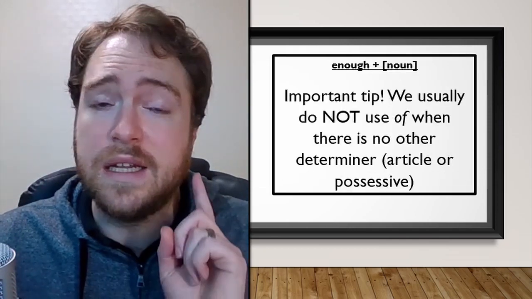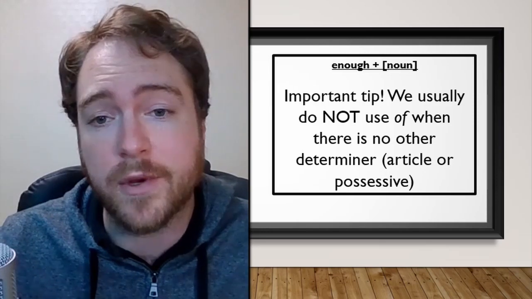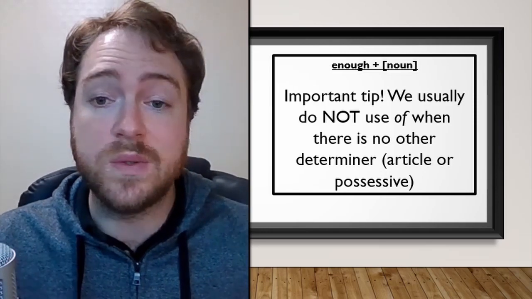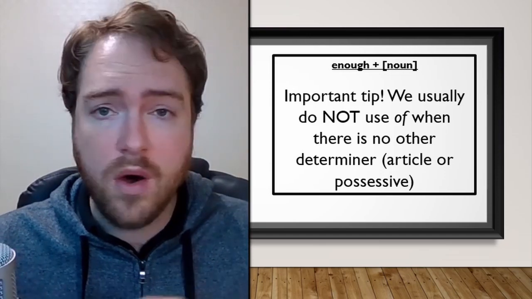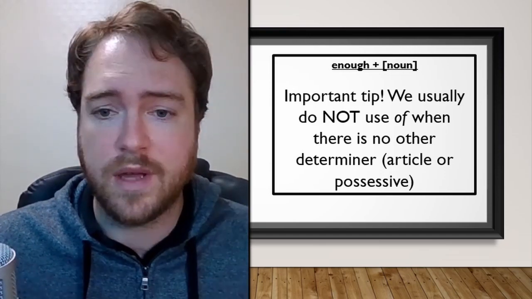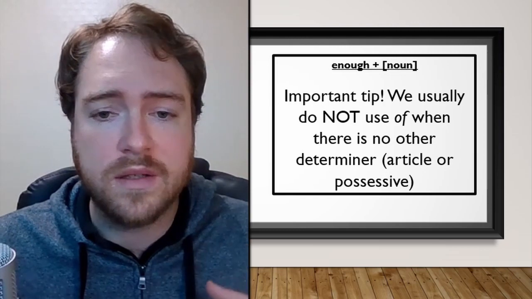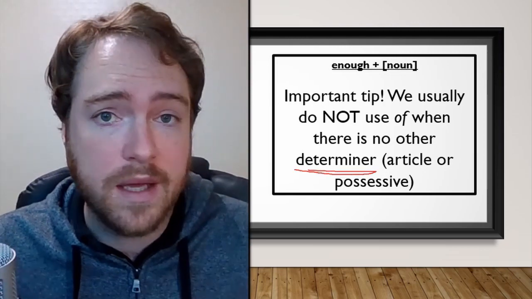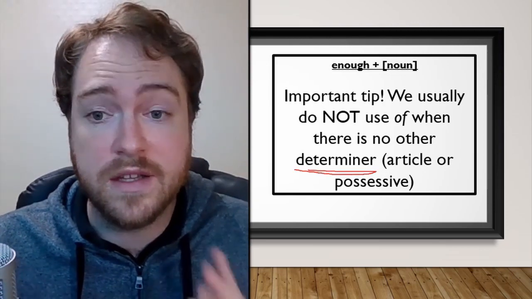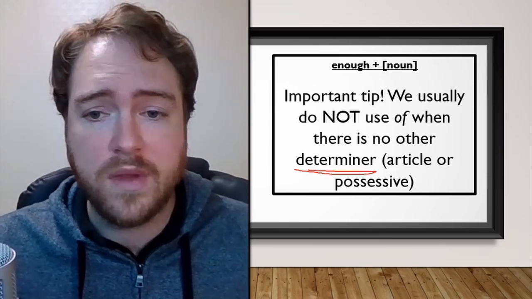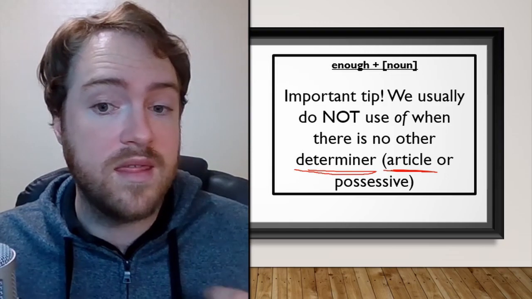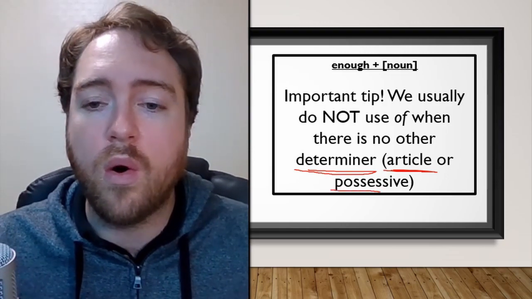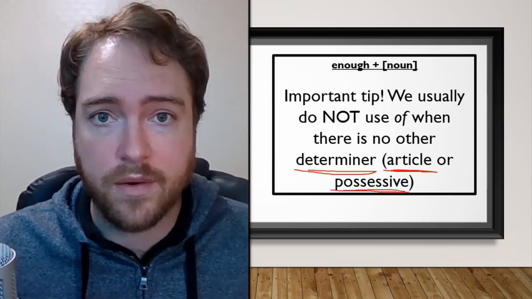And here is an important tip for you to remember. We usually do not use of when there is no other determiner. Okay? And we'll talk about what a determiner is in this video. A determiner is an article like a or the, okay, or a possessive noun.